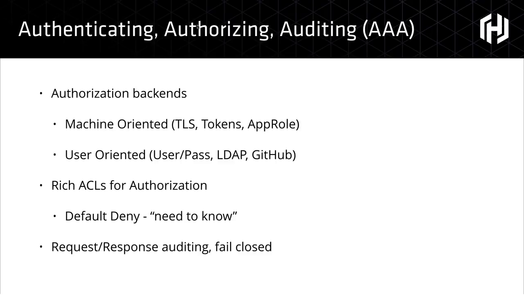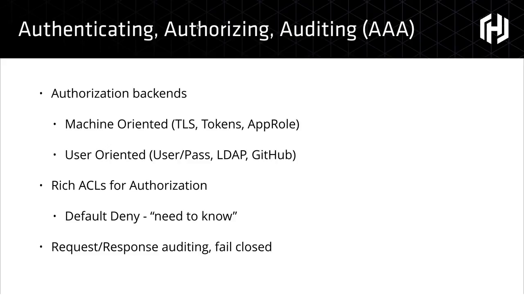There's machines, which need things like mutual TLS, tokens. We have a mechanism called AppRole, which integrates with configuration management. And so these are automated workflows for authenticating machines and applications. And there's user-oriented methods, username and password, LDAP, GitHub, which are more traditional username, password, MFA methods.